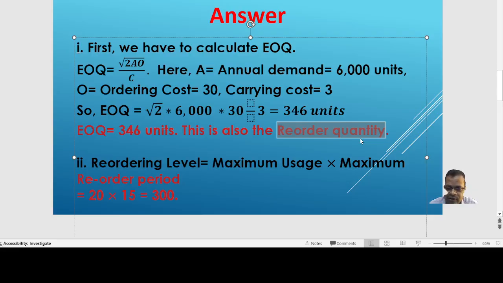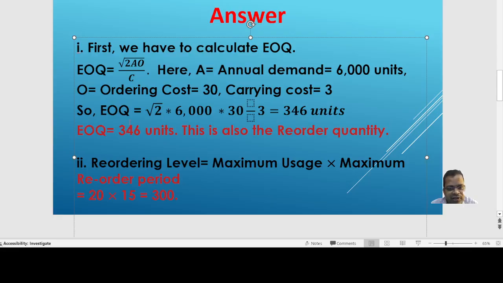But for a small unit or a small manufacturing concern, usually the EOQ is taken as the reorder quantity, because the consumption level is low here. So when the EOQ level is achieved, this is usually the reorder quantity the company places. You have to assume that this is usually taken.